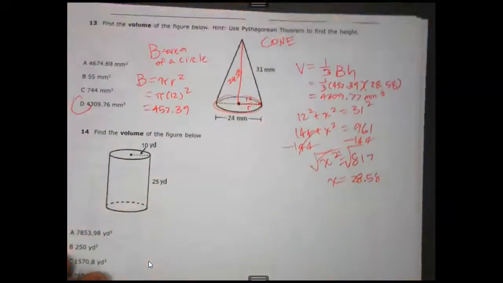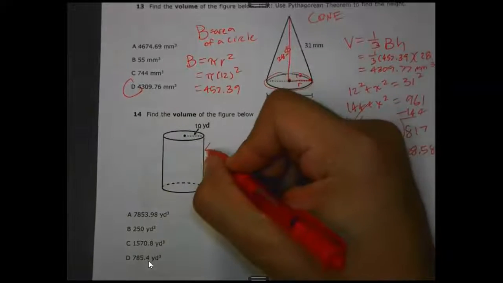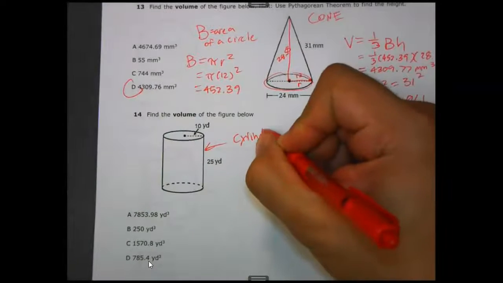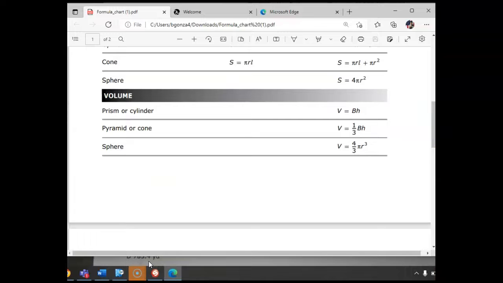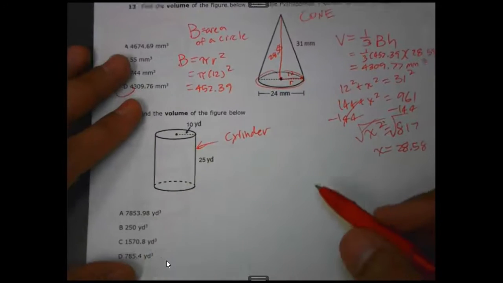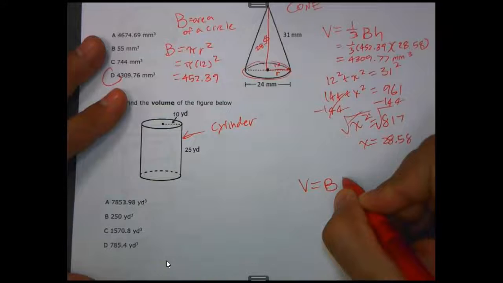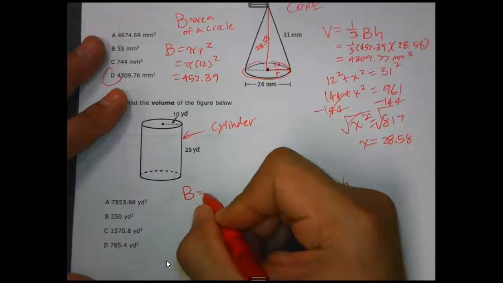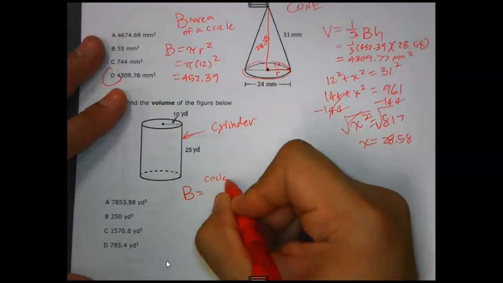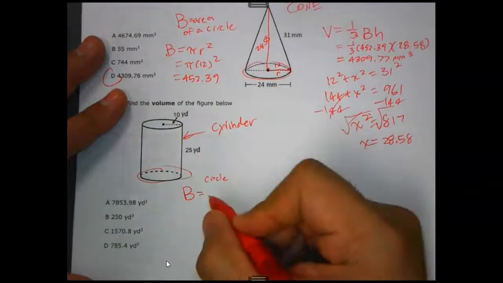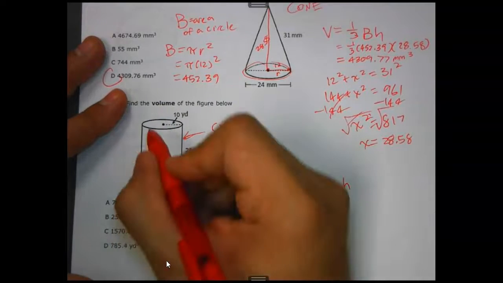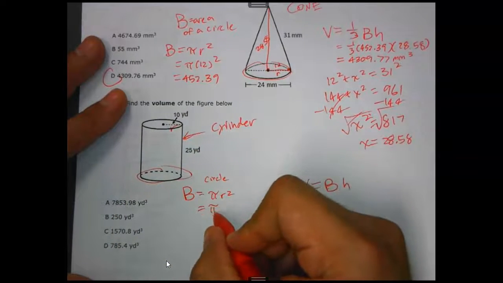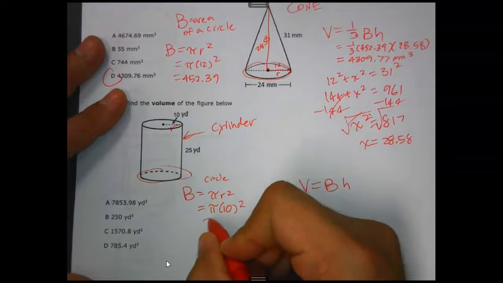Number 14, volume of this figure, which is a what? Cylinder. So volume of a cylinder is going to be big BH for the volume. And remember, big B for a circle, area of a circle, is pi r squared. R right here is 10, so pi 10 squared.